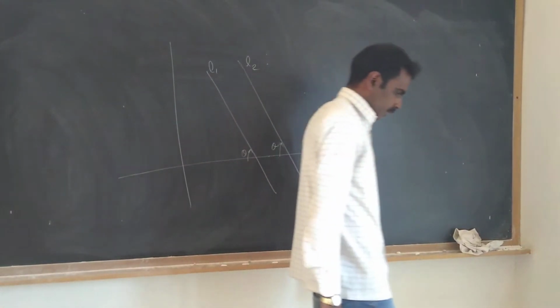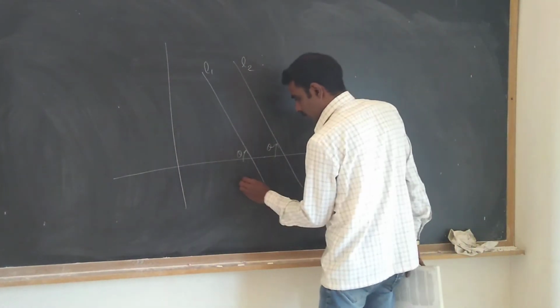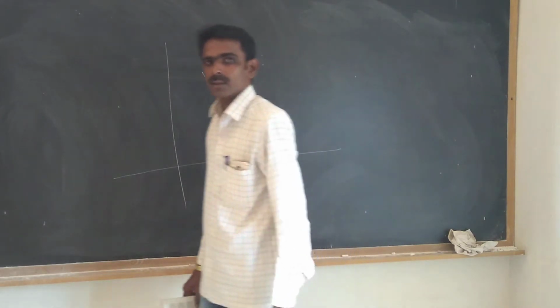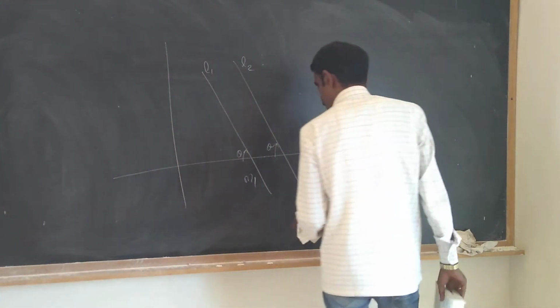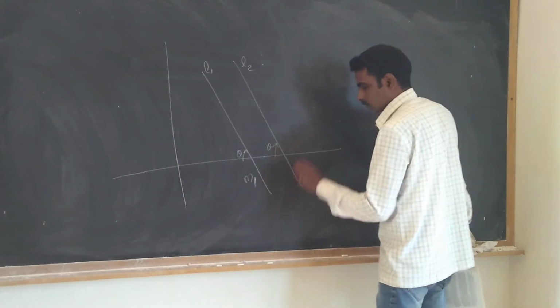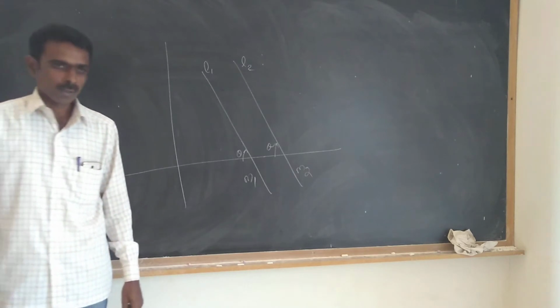Let m1 denote the slope of the line L1 and m2 denote the slope of the line L2.